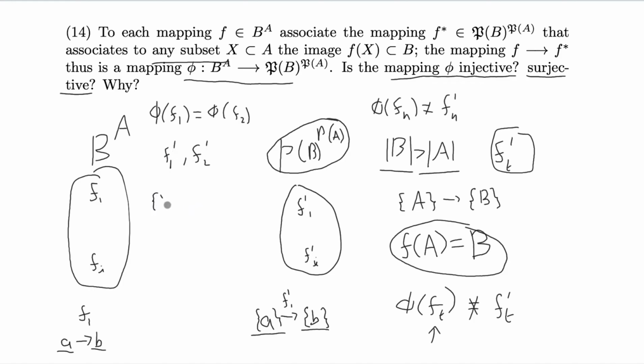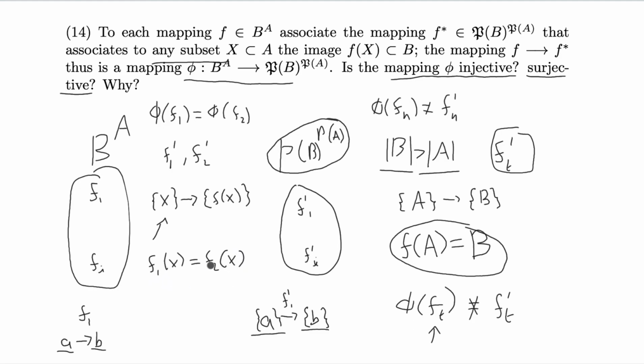to this image set, the set of f of X, for all sets X. That means no matter your input, they always get sent here. Then we have that f1 of X is equal to f2 of X for all X, since the output sets have to be equal.